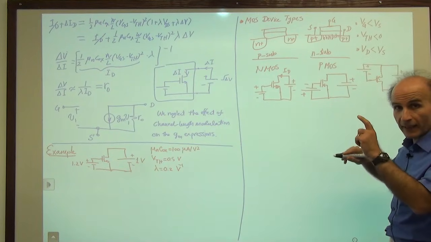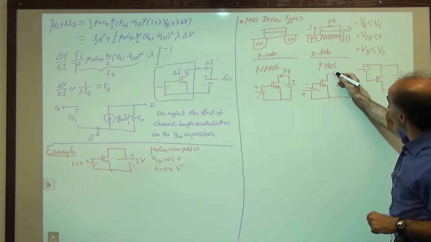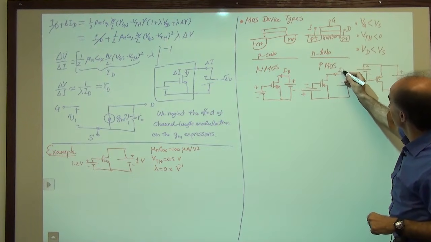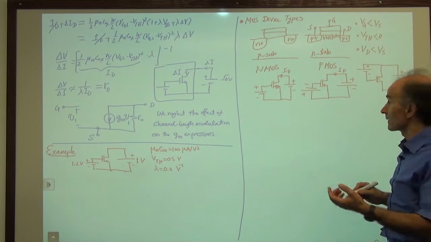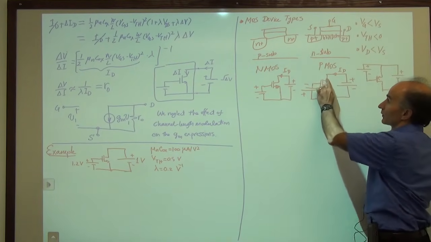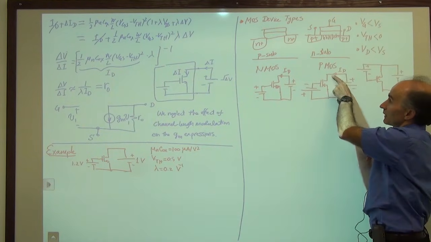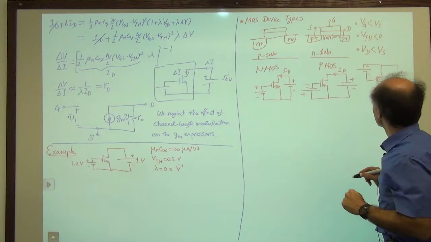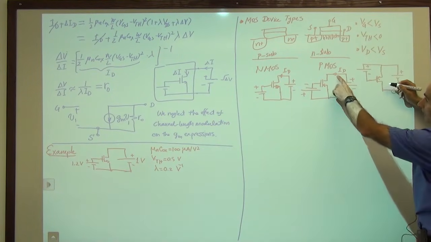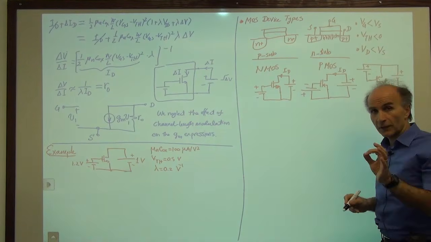So we still use the same arrow, same direction. So we say ID is this way. But this ID is negative, right? Because the holes start from the source and go to the drain, which means if you denote ID in this direction, that would be a negative current. And that's fine, we live with that. Similarly here, ID is going this way, if you want to be very strict with your convention.